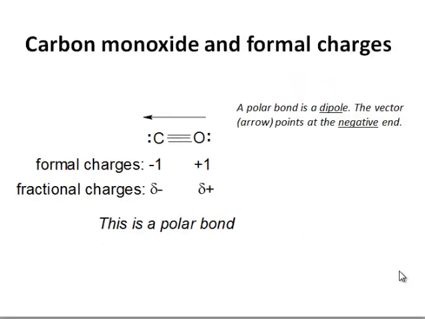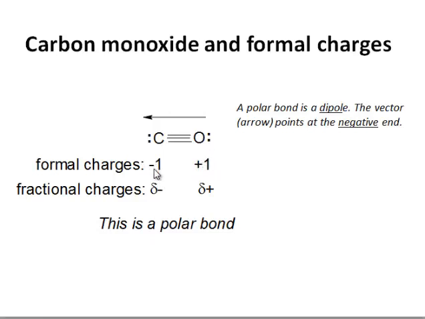Right, before leaving formal charges, let's look briefly at the carbon monoxide molecule. The correct Lewis structure is shown down here. If you assign formal charges, you obtain a negative 1 for the carbon and a positive 1 for the oxygen. They sum to 0, which is the total.